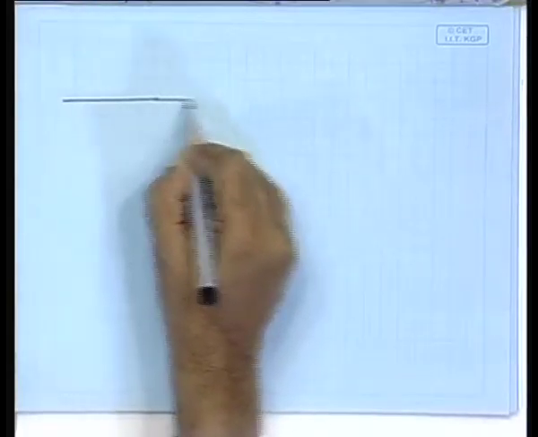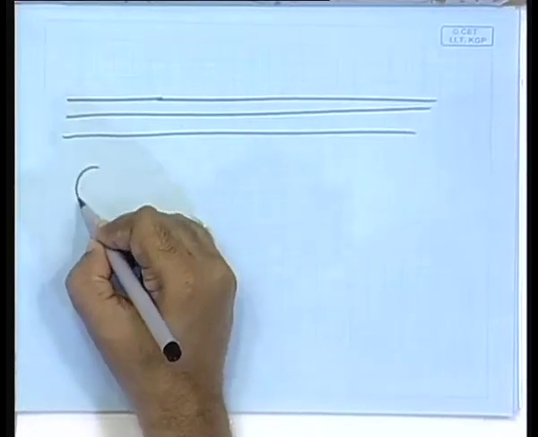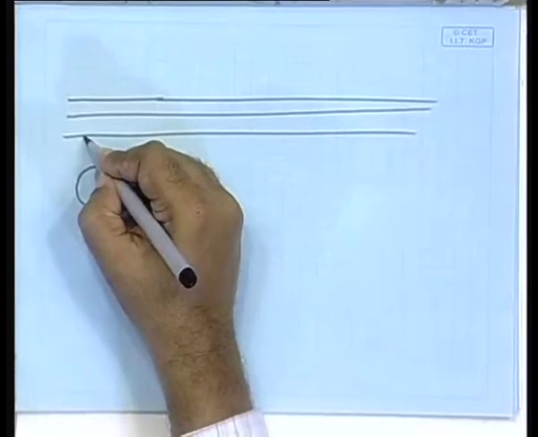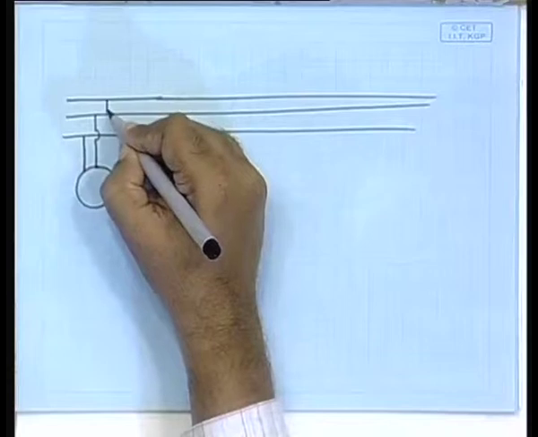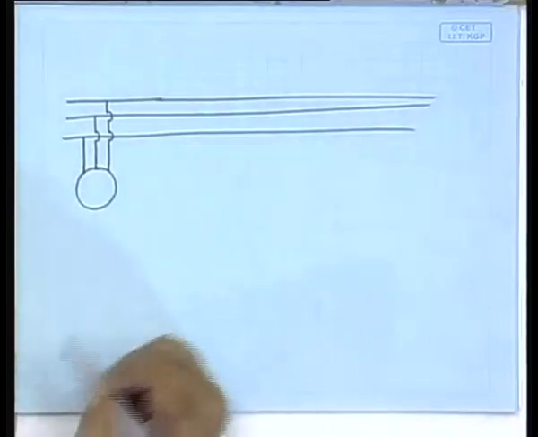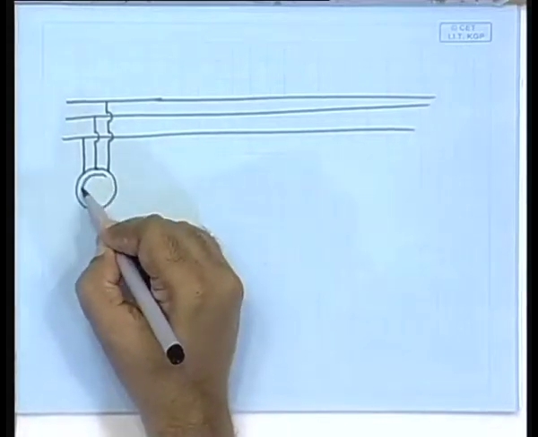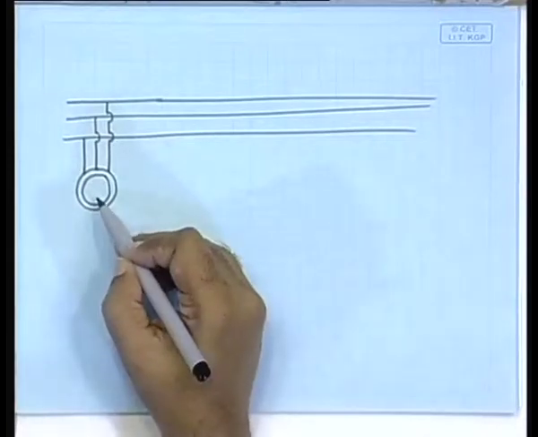In an induction machine, as I told you already, suppose there is a line, this is the power line, say, and the induction machine has a stator supplied by the power line, and there is a rotor, and you are rotating this rotor.